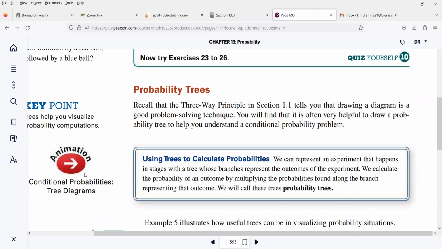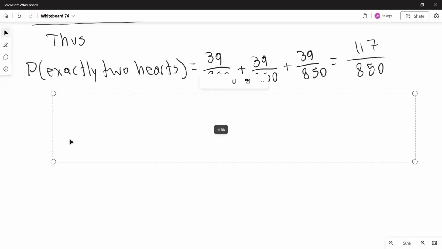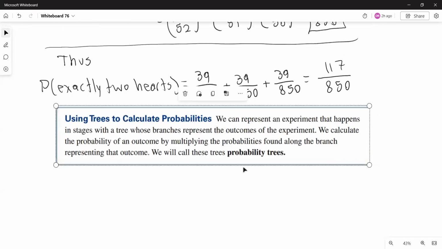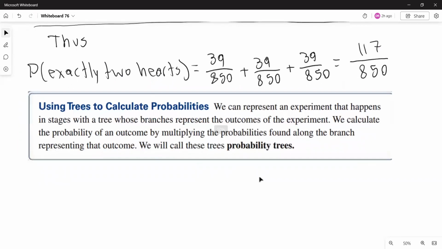I can copy this definition, but the best way to illustrate this is with an example. We can represent an experiment that happens in stages with a tree whose branches represent the outcomes of the experiment. We calculate the probability of an outcome by multiplying the probabilities found along the branch representing that outcome. And we will call these trees probability trees.